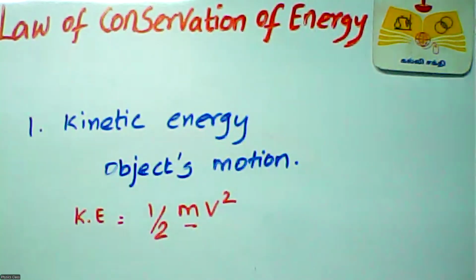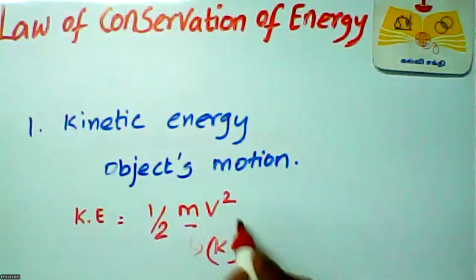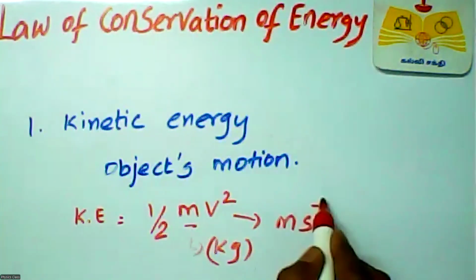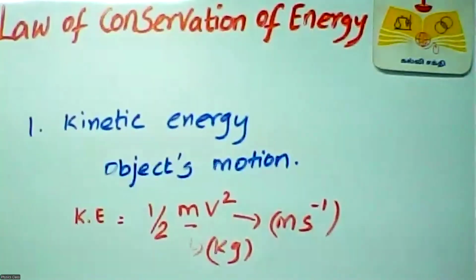Speed is a scalar quantity, velocity is a vector quantity. So half m v square, mass and velocity, gives kinetic energy. Mass is in kilograms, and velocity, as you already know, has units m s power minus 1. These are the units.